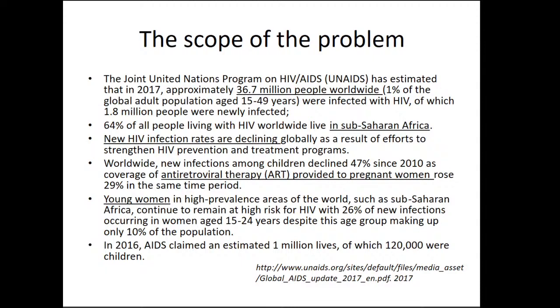ART is an antiretroviral therapy which is provided to pregnant women, and this has helped to slow down the number of newborns who become infected. In 2016, AIDS, which is a syndrome, actually a disease caused by HIV, claimed 1 million lives. Unfortunately, 120 thousand were children.